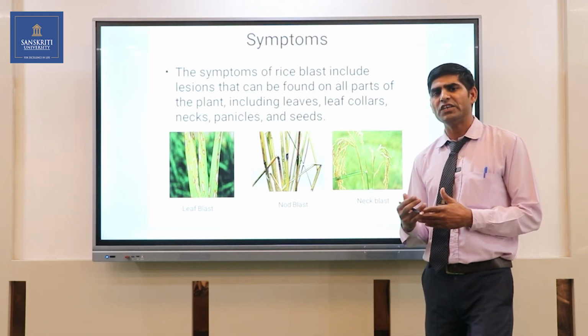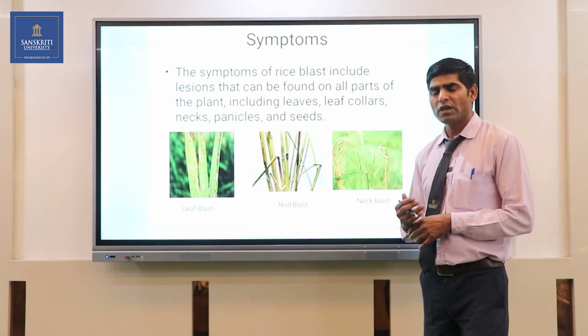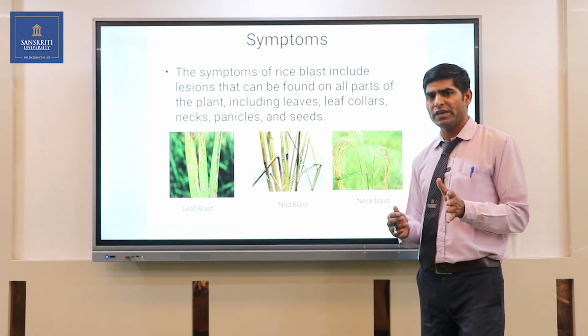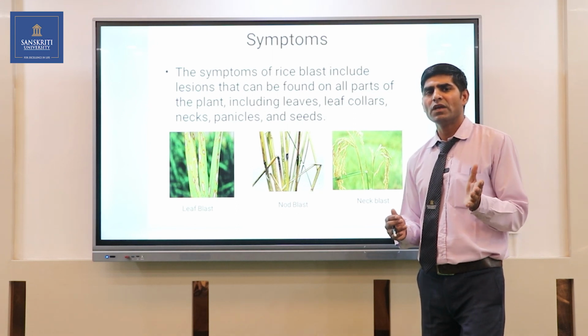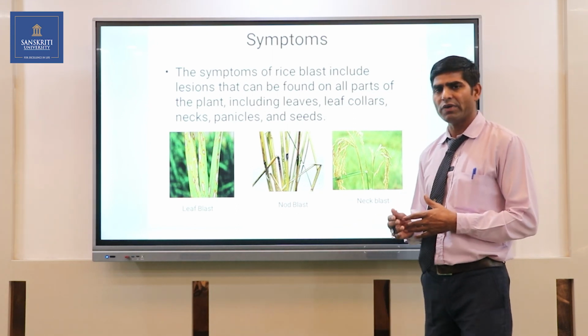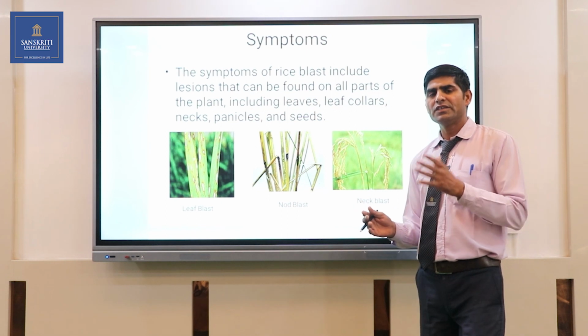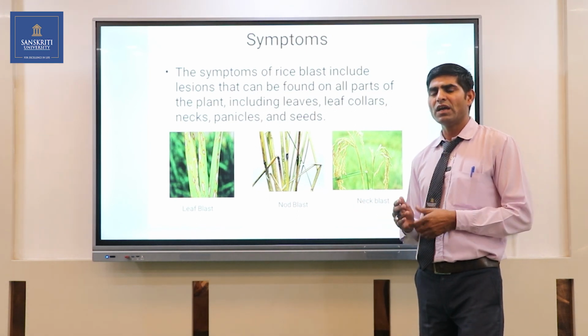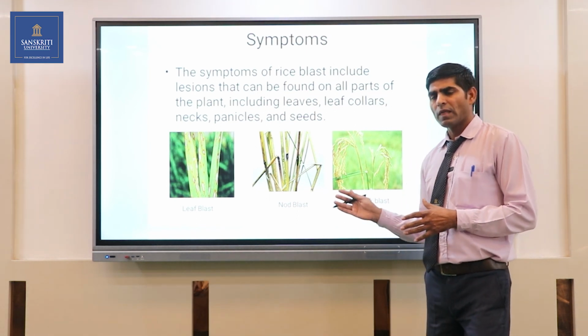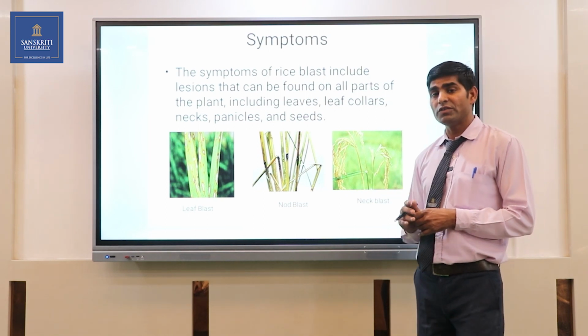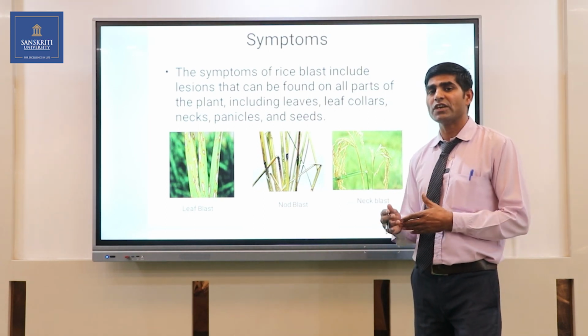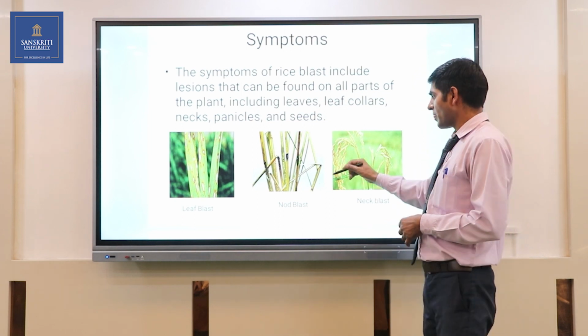If the disease takes place in the initial stage, then there is no grain filling. But in the later stage, if panicles come out from the infected plant, then there is partial grain filling of the rice spike. So this is one of the most dangerous stages of the rice.